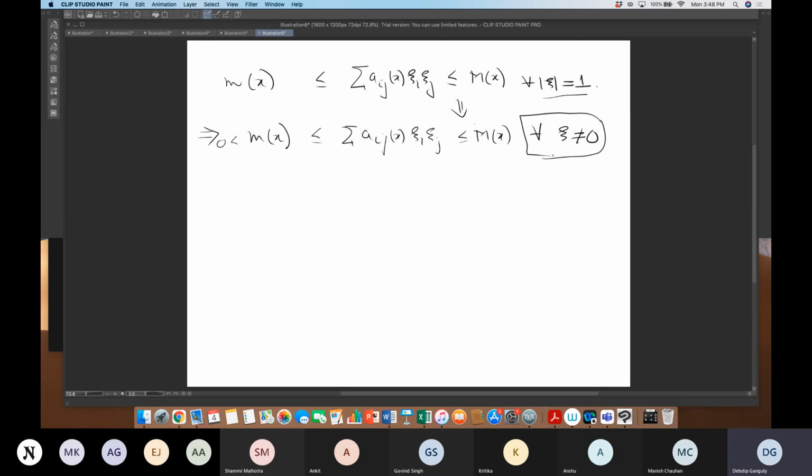With |ξ| squared. How did I come to this inequality? You just define η equal to ξ by |ξ|. So |η| = 1. Agreed? So on this set the sum a_ij η_i η_j is this.